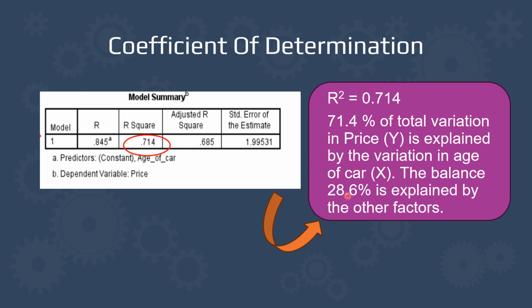For example, it could be the car mileage. So again, the R-square of 0.714 suggests the model provides a strong explanation of the relationship between age and price, but there's still some variability in car prices that our model does not capture.